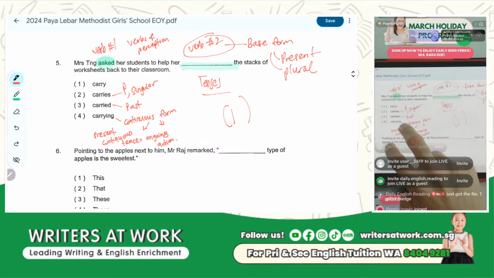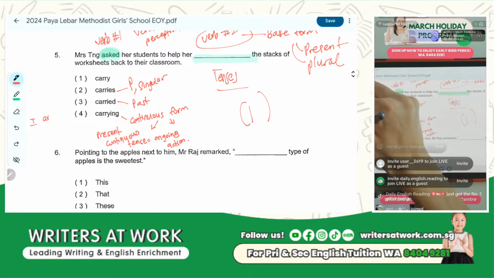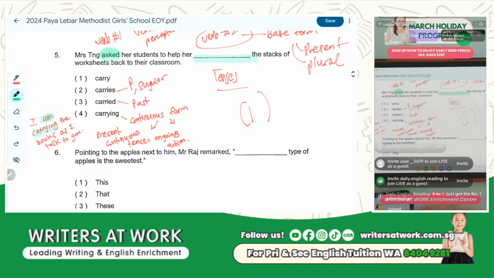Okay, maybe let's write it down. I am carrying the books as I talk to you. Okay, maybe this is a better sentence. So you can see that this action is ongoing as I talk. So you can see there is concurrent action.